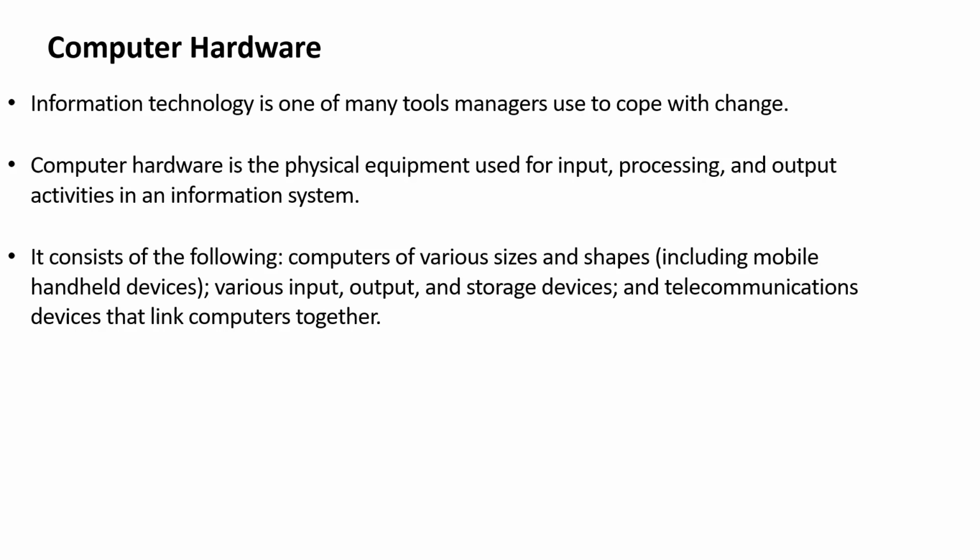Physical, tangible equipments that we use to input data, right? So we use some computer hardware equipments to input data. The other thing is we also use some computer hardware elements to do the processing, data processing.